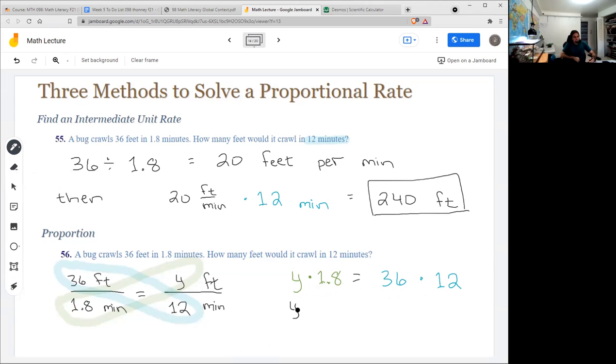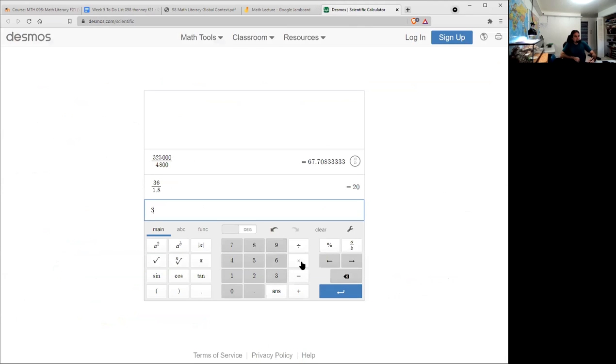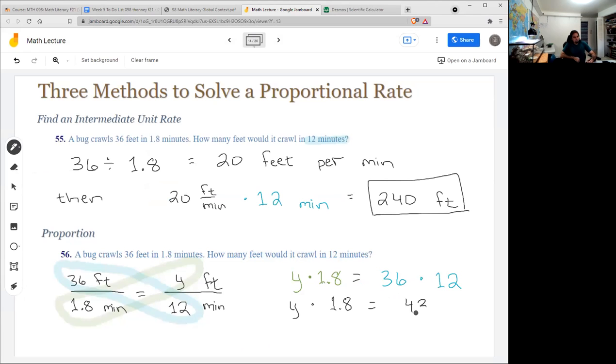Okay, anyway, y times 1.8 is 36 times 12, 432. I have something stuck onto y with times 1.8, so I'll divide. And I'll get my same answer.